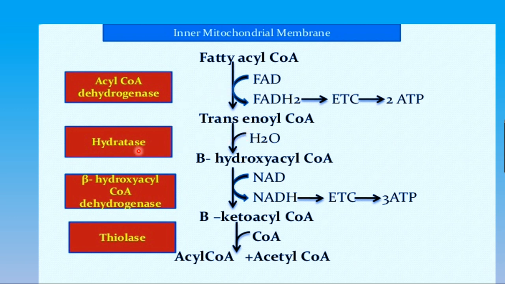And then coming to the second step that is occurring in the beta oxidation of fatty acid inside the mitochondrial membrane, it is the hydration step. Now this trans-enoyl CoA undergoes hydration. Hydration means getting in the water. Hydration of the double bond to form beta hydroxyacyl CoA.